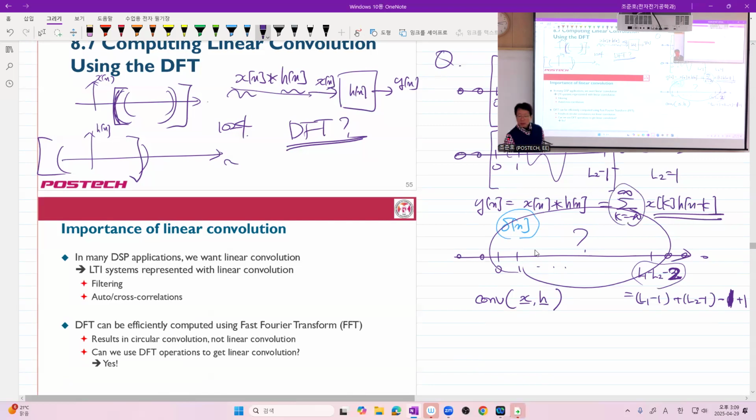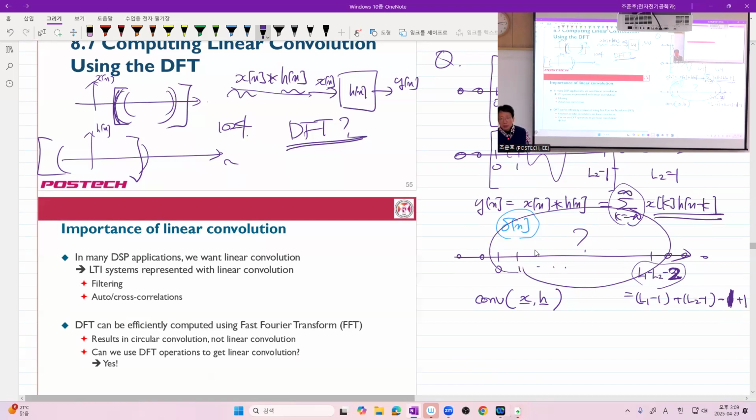If x and h have a lot of non-zero entries, then you have an infinite sum. Fortunately, in our example, there are a lot of zeros, so you have a finite sum. However, still, if this x vector and h vector are very, very long, then you have a lot of terms to be summed. Then, is there any way to circumvent this complexity? And a partial answer is to use DFT.